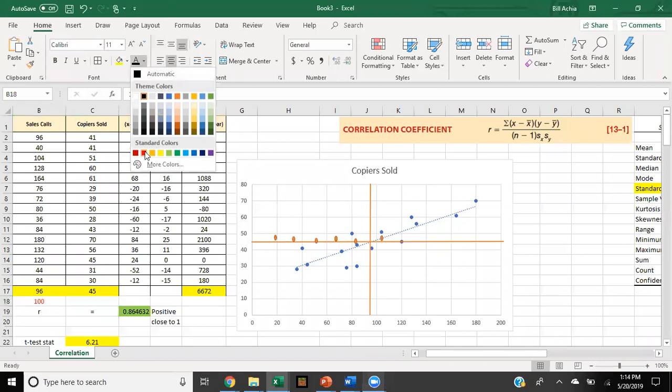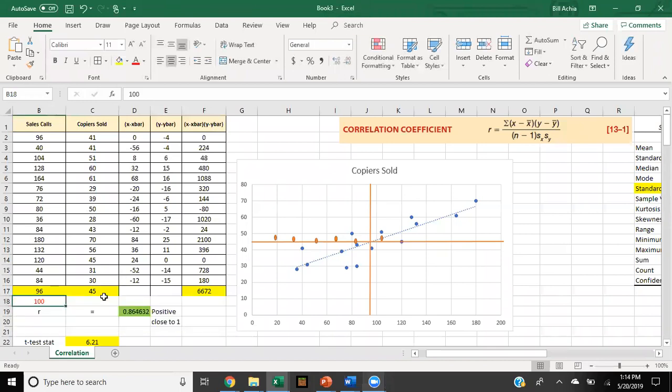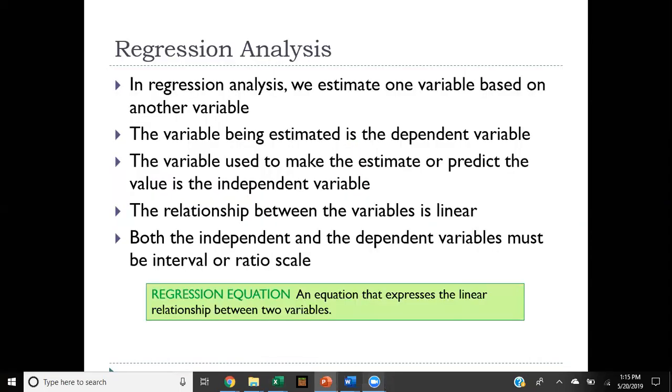Correlation analysis cannot really tell us that. But if we run a regression analysis, we can make an inference and determine that on the basis of the data that we have, if we made 100 sales calls, we should expect 50 copiers to be sold. That's what we're going to try to do in this second half of chapter 13.